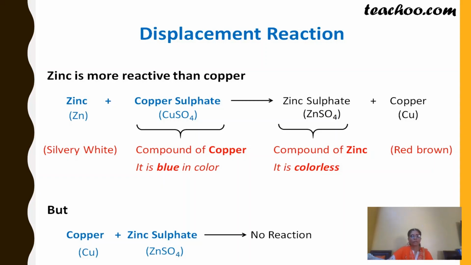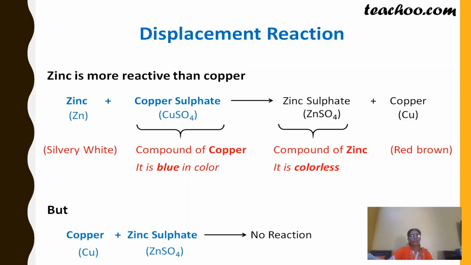So from this we can conclude that among these three metals, the order of reactivity is zinc, then iron, and then copper.